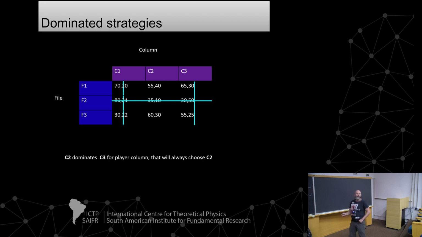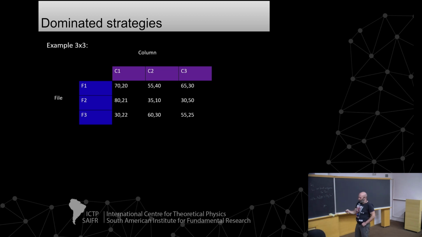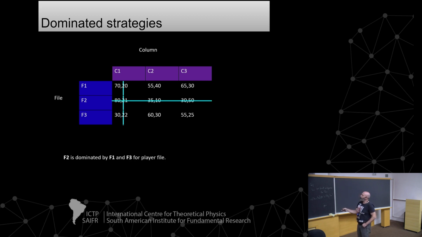Yeah, but I mean, what you are doing by eliminating this is just obtaining the Nash equilibrium. Because suppose that, from the beginning, I know that, for example, the player C1 will not choose this strategy, okay? So given that this player will not choose this strategy, now I can say that this player will not choose this strategy.